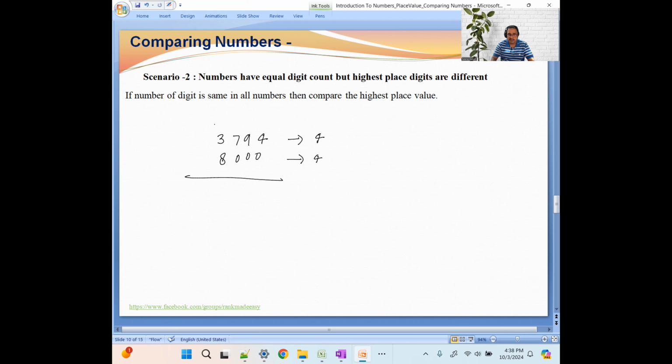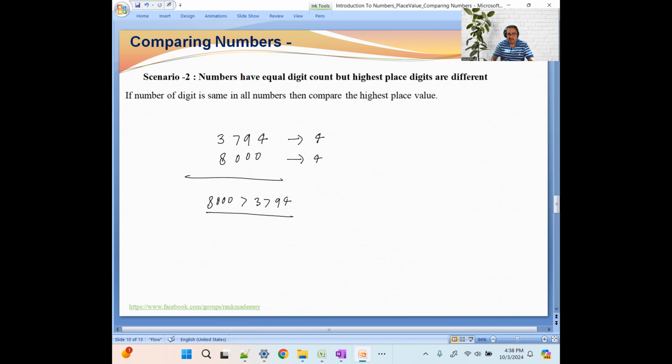So in the first number, what is the leftmost digit? This is 3. And in the second number, what is the leftmost digit? Here it is 8. Because 8 is greater than 3, you can simply say 8000 is greater than 3794. In this scenario, when you spell the number, you will understand which one is greater.